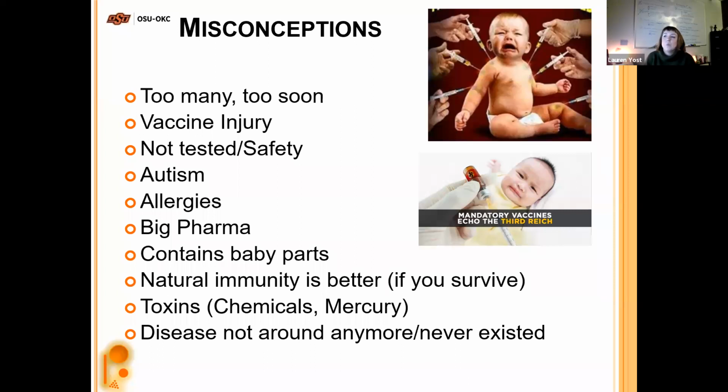One of the concerns, which I think we had talked about previously, was it containing baby parts. That was a big issue with the COVID vaccines. I remember that just has to do with the fact that we used HEK293T cells, which are human embryonic kidney cells, to study and grow and develop the virus and so on for making the vaccine. And the things used to make the vaccine.